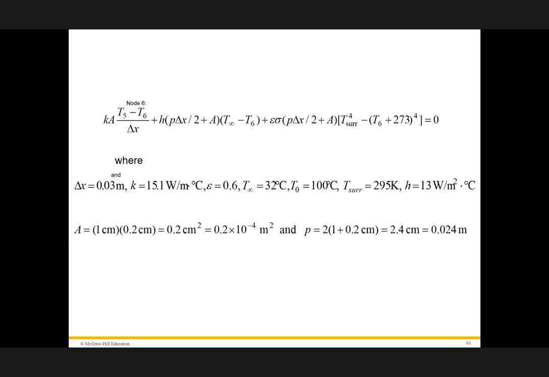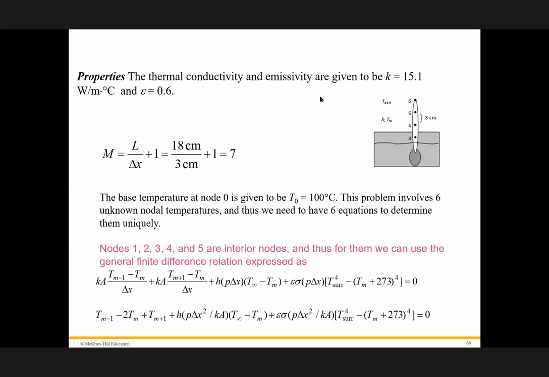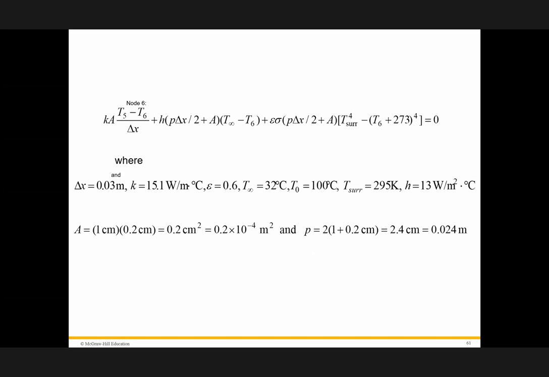How are you going to solve this one? If you're doing programming, these are unknown, but this one is also to power 4, and all of the equations have temperature to power 4.